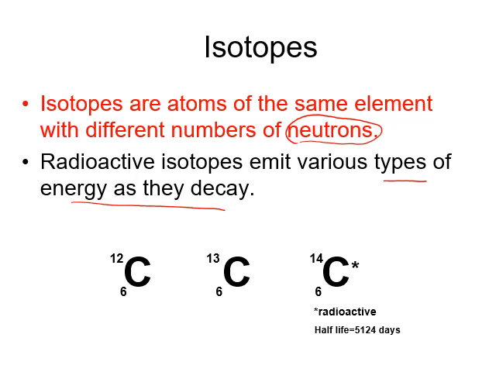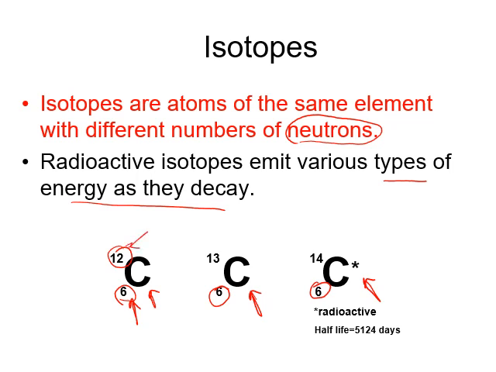Okay, so this picture over here shows 3 different forms of carbon. The first one, the atomic number is 6, but the mass number is 12. So you know that the number of protons is 6. In all cases, the atomic number is 6 because the number of protons in the same element never changes. Now remember, the atomic mass is the sum of protons and neutrons.